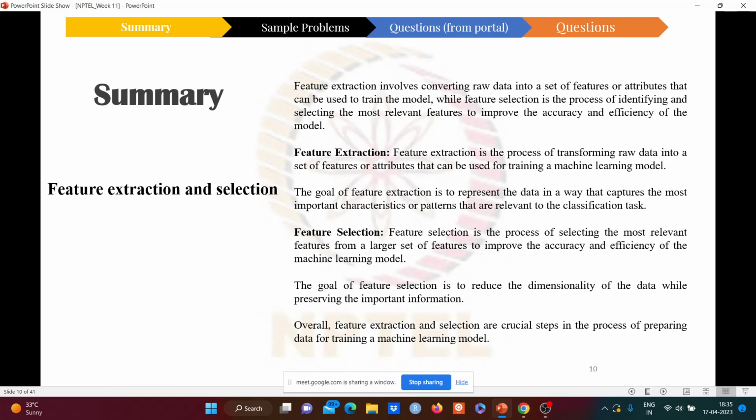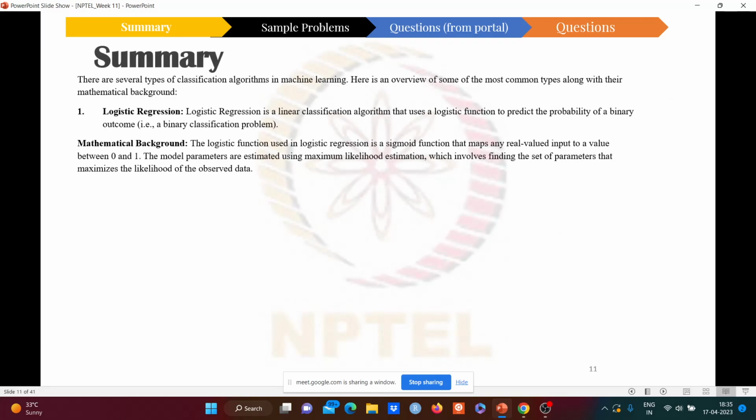So overall, feature extraction and selection are crucial steps in the process of preparing data for training a machine learning model. The selection of relevant features can significantly improve the accuracy and efficiency of the model while also reducing the complexity of the problem.